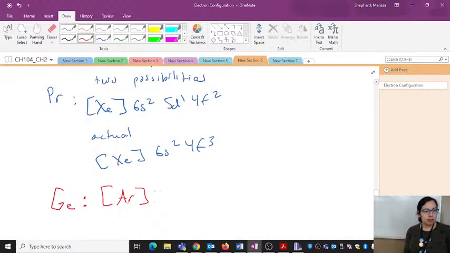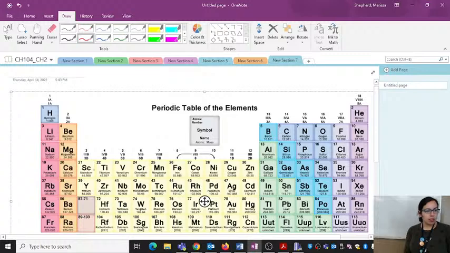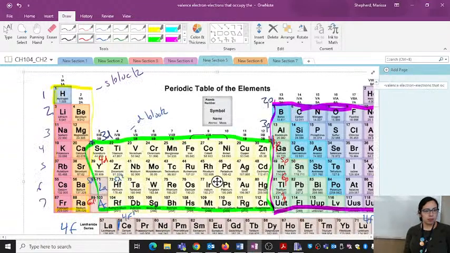Fill that up. And then, what's this next one? Go back to this one. 4p. So germanium is part of the 4p, right? But then what do we have to fill in first? So all this block here.